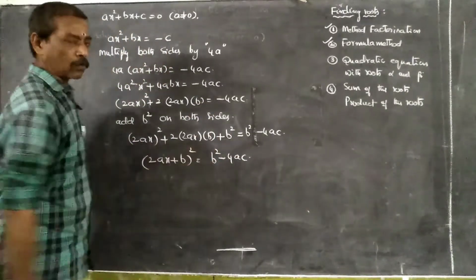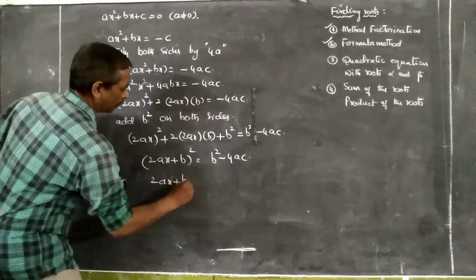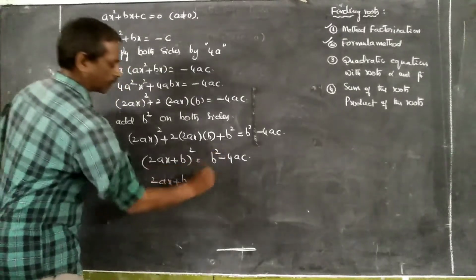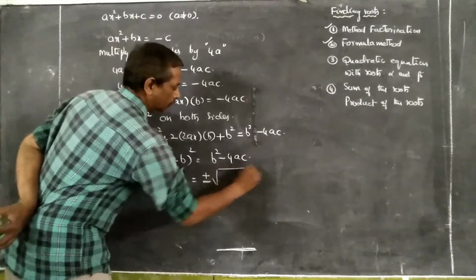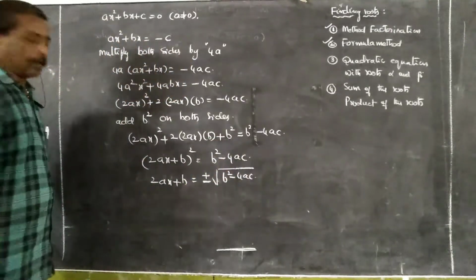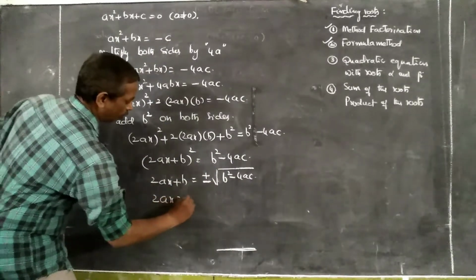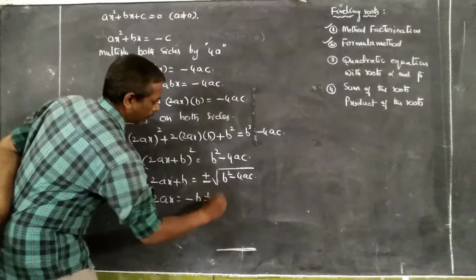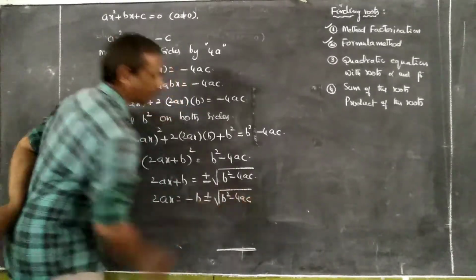Now take the square root on both sides, then 2ax plus b is equal to, while taking the square root we need plus or minus, square root of b square minus 4ac. Now write plus b on the RHS: 2ax equals minus b plus or minus root b square minus 4ac.